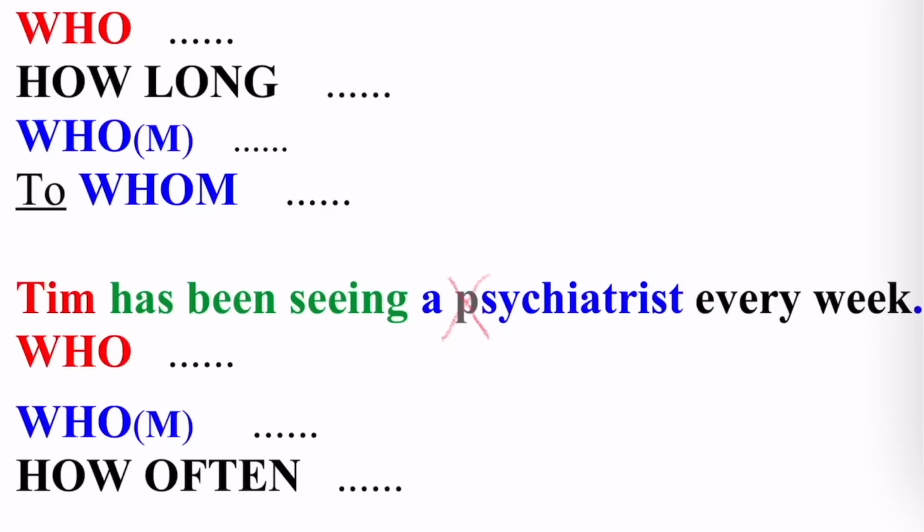Now, before I go on to the next sentence, I want you to note that psychiatrist does not pronounce the P, and that's why I've put it in grey. So let's cross this P out because we really don't pronounce it. It's psychiatrist without the P. So, Tim has been seeing a psychiatrist every week.